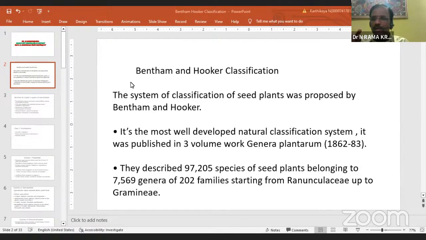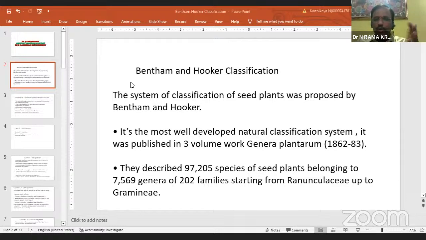One is identification. Second one is nomenclature. Third one is classification.